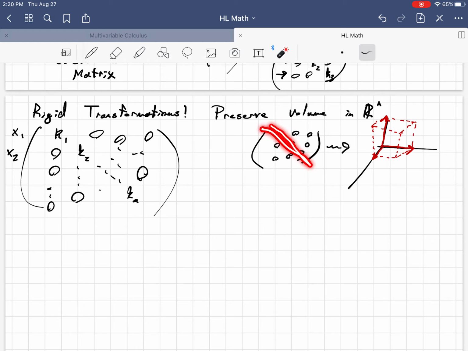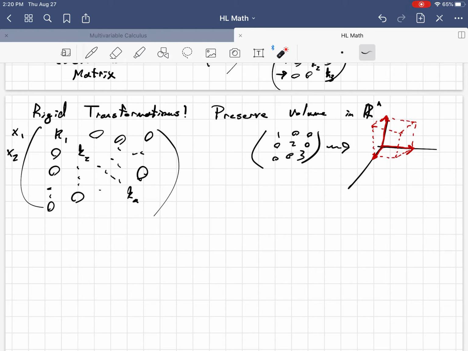The determinant is found, in a diagonalizable matrix, just by multiplying across this diagonal. And that obviously is the same thing as just doing length times width times height in this example.